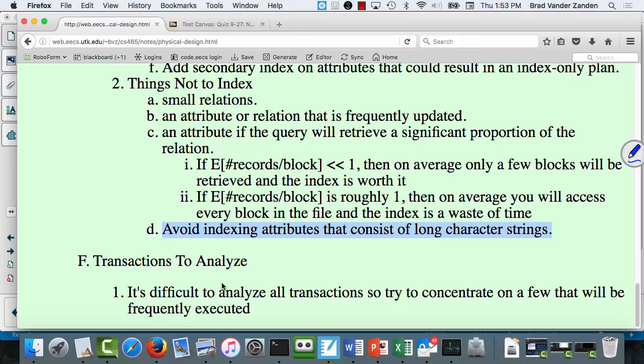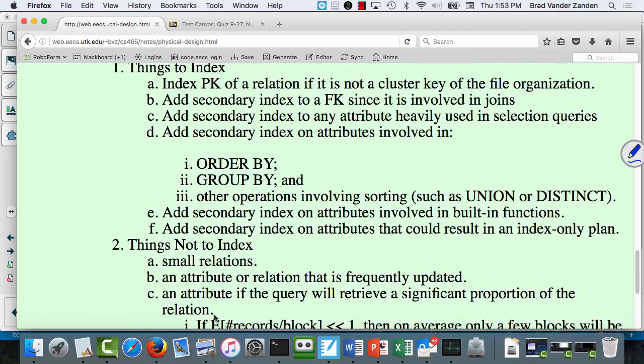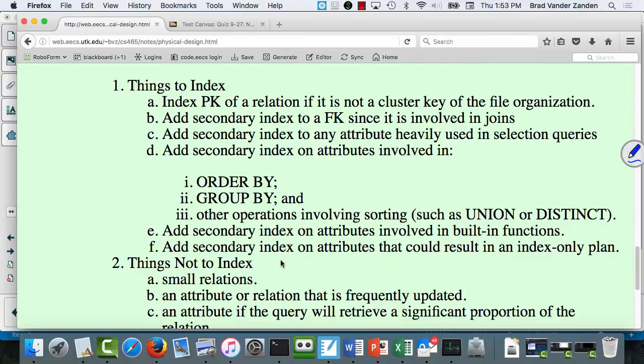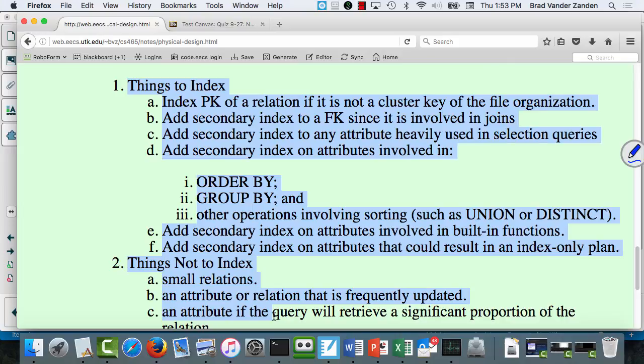You see which queries are slow, look at why, and figure out what you can do to improve their performance. So a lot of it is an art form, where you make your decisions based on these rules of thumb, the things to index and the things not to index. You make your choices, bring it up, start running it, and figure out what works and what doesn't.